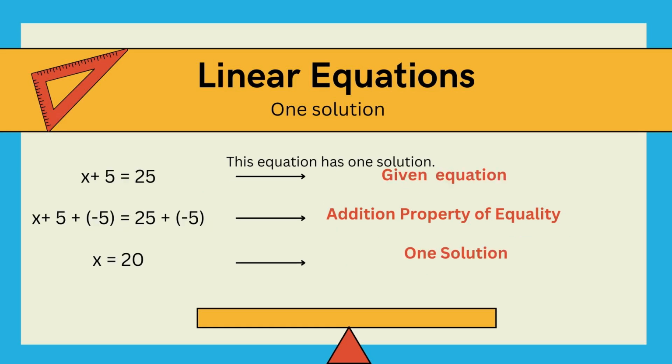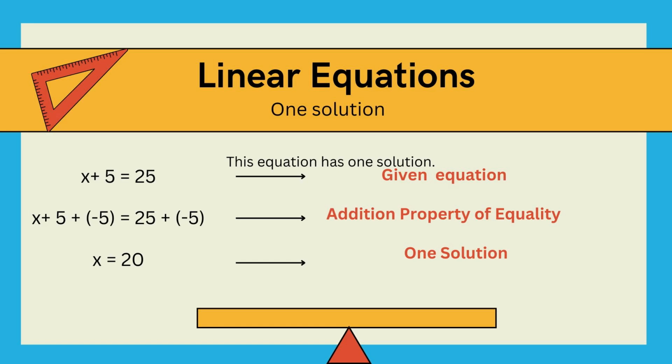Let us have another linear equation. This equation has only one solution. We have the given equation x plus 5 equals 25. Let us perform the addition property of equality. We add negative 5 on both sides of the equation.